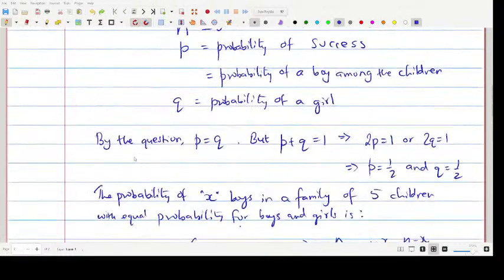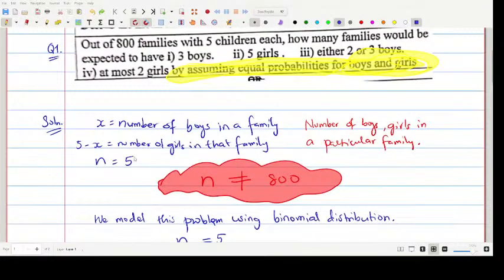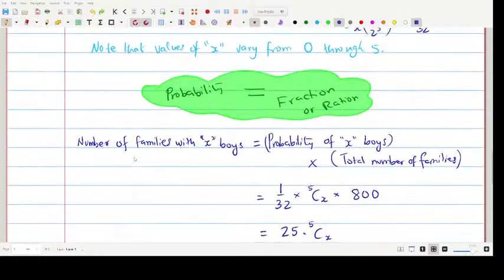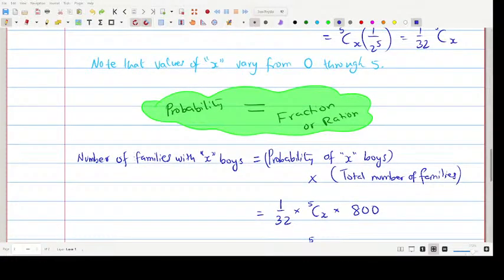Okay, so let's look at the question now and try to find out how many families would be expected. Again, this is not the exact number of families. There is a very important terminology that I have missed out here. I must not miss out that, neither should you. I am putting that in a red box over here. The word is expected. What is the expected number of families with X boys?